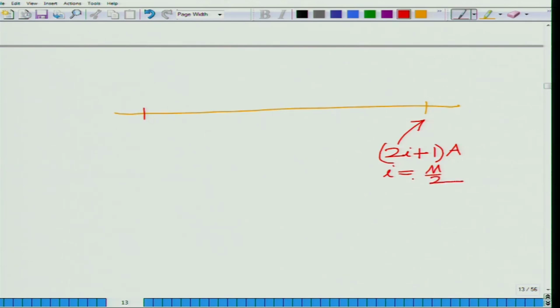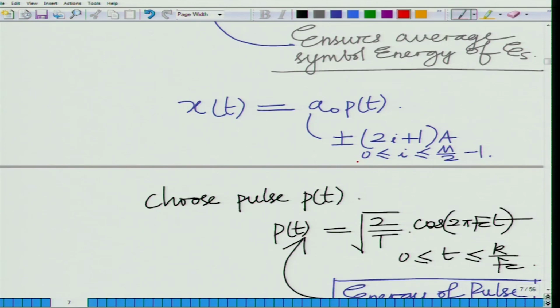Remember, i lies in the range 0 less than or equal to i less than or equal to m by 2 minus 1.